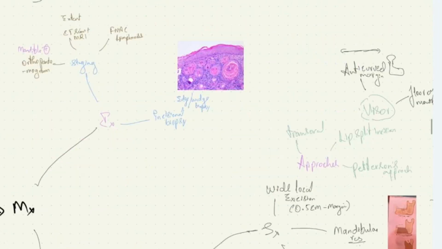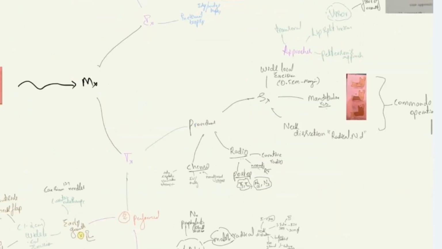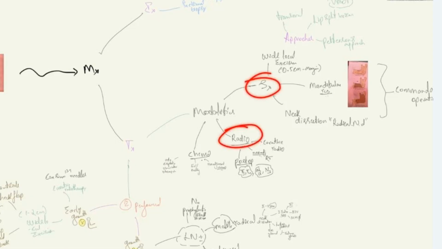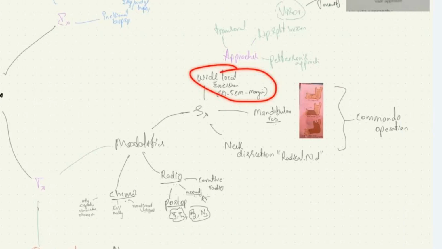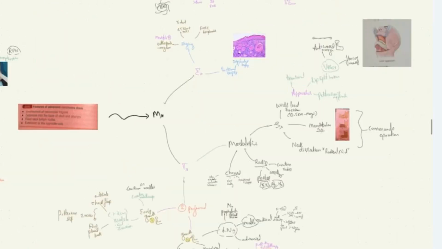Now we saw the investigation and staging of buccal mucosa carcinoma. Let's see the treatment of buccal mucosa carcinoma. First, let's see the treatment modalities that can be offered to the patients. That can be surgical, radiotherapy, and chemotherapy. Under surgery, we have wide local excision. The primary lesion can be dealt with wide local excision.